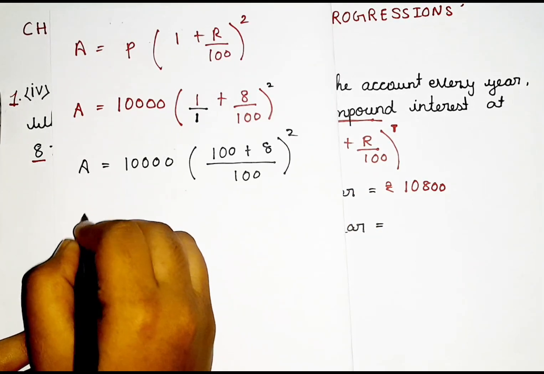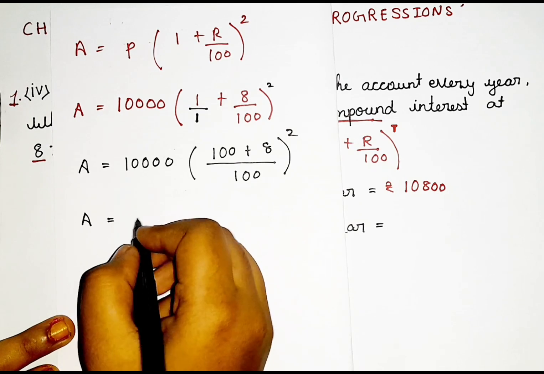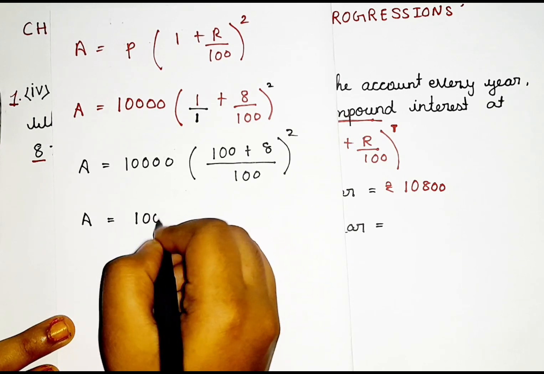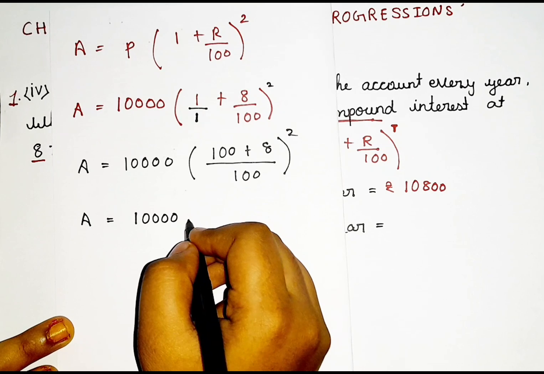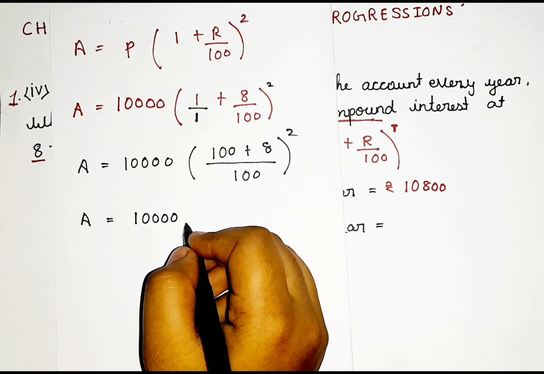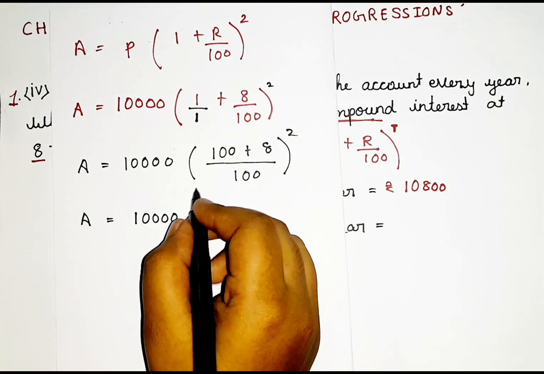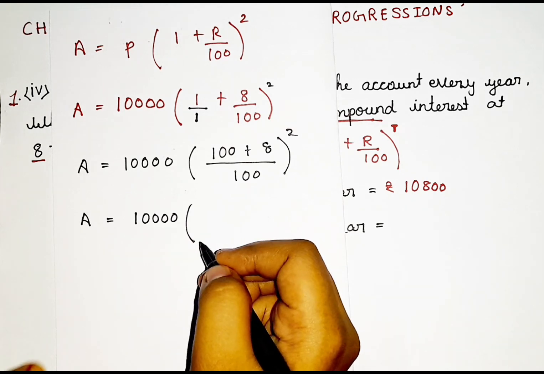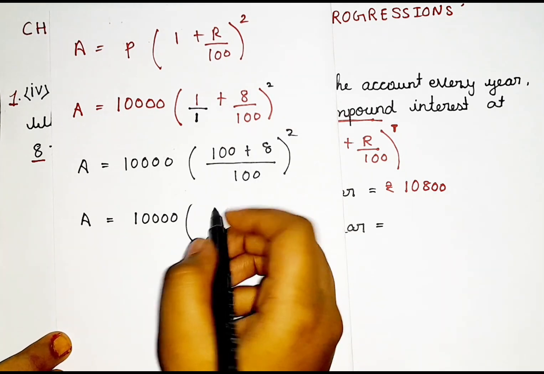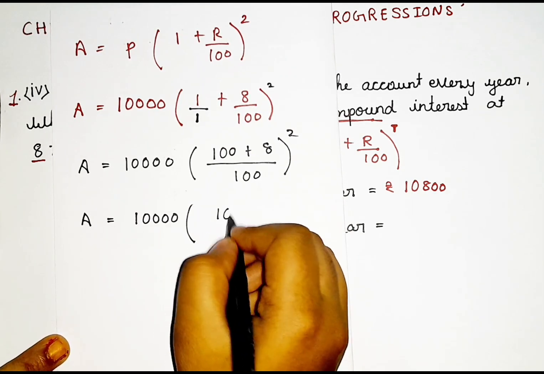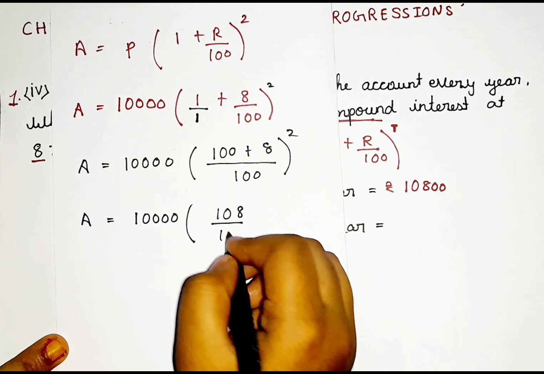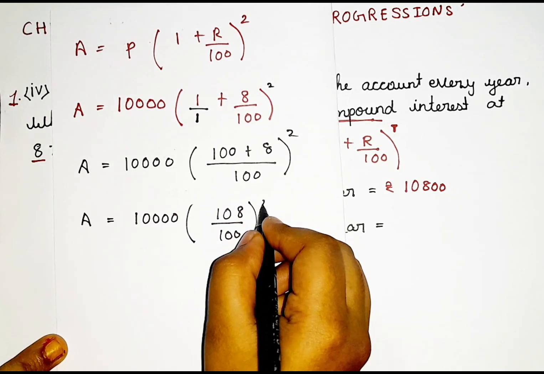Okay, and then A is equal to 10,000, and then so now when you just look at it carefully, first let's write the bracket. So 100 plus 8 is 108 divided by 100. Close the bracket, power 2.